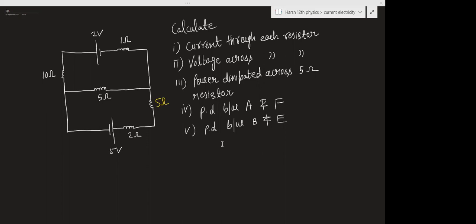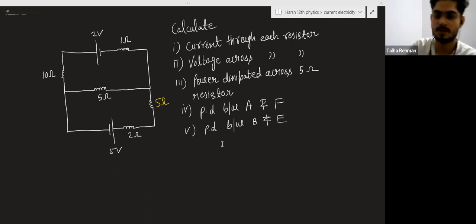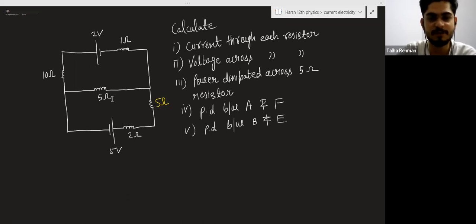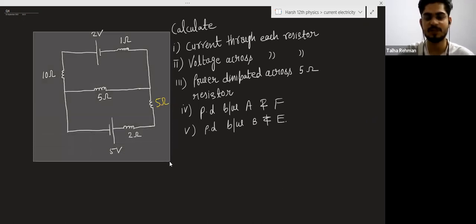Fine. So this circuit is given. We cannot find whether this combination is a series combination or a parallel combination. We can only find that these two resistances are in series, but overall we cannot say that this whole combination is series or parallel.